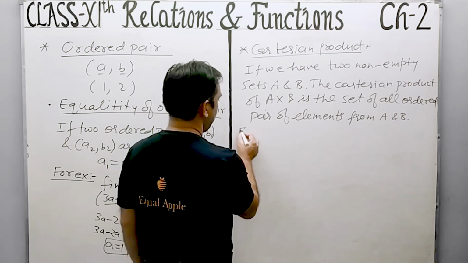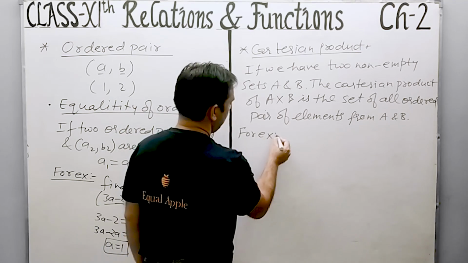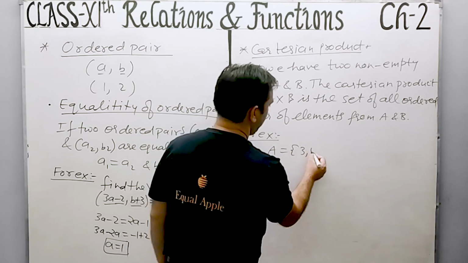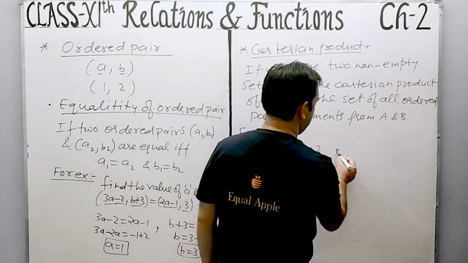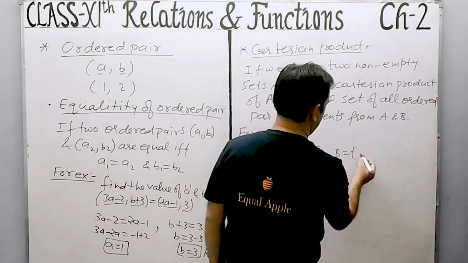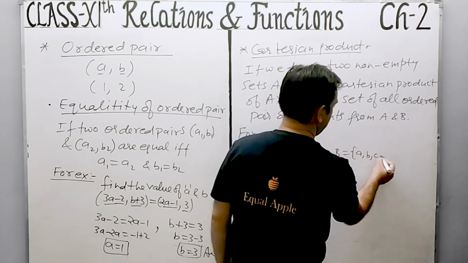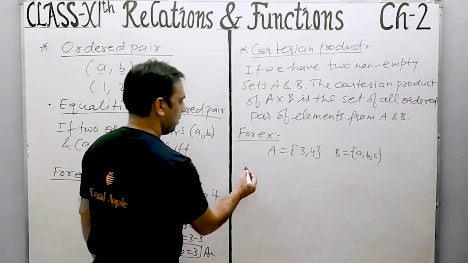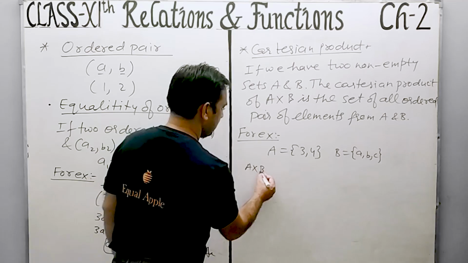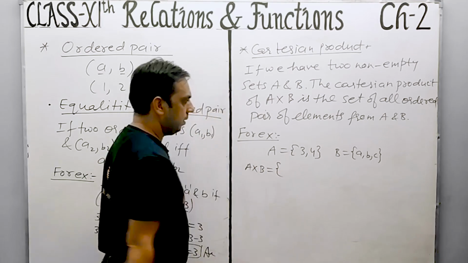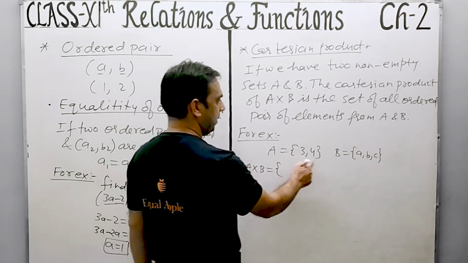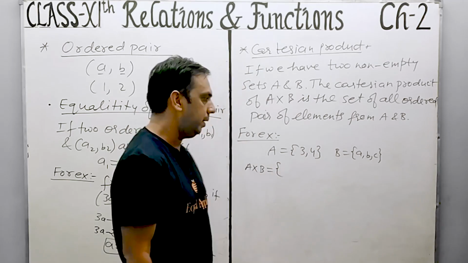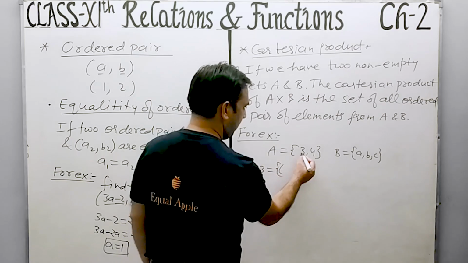Here we can take one example. If we have one set A = {3, 4} and another set B = {a, b, c}, we can find the Cartesian product. In the Cartesian product we can see the relationship between the elements of set A with the elements of set B, so we can form the ordered pairs.